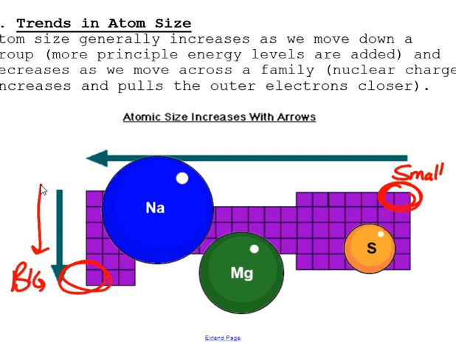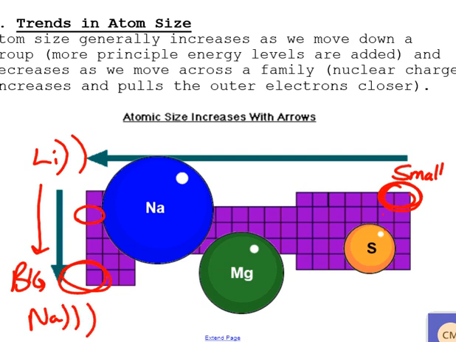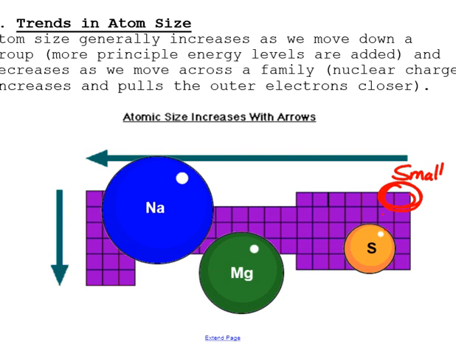If I take a look at, for example, lithium, when we would draw it like a Bohr structure, it would have 2 rings because it's in the second period. Below lithium, we would find sodium, and sodium would have 3 rings. Below sodium, there'd be potassium with 4 rings. So of course, we're getting bigger because there's an increased number of rings. And most of us have no problems with that concept.